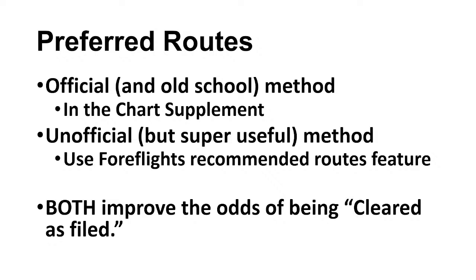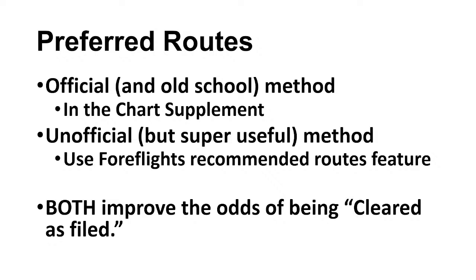If you use ForeFlight's recommended routes, you can literally put in your departure and destination, and it'll give you 1 or 2 or 5 or 6 recommended routes. The trick is when you read through them, you want to see if they're at the altitudes you were intending to fly, and if they're for an aircraft that's similar to yours. By similar, I mean, is it a single engine piston? You do not want to be grabbing the 747's route.